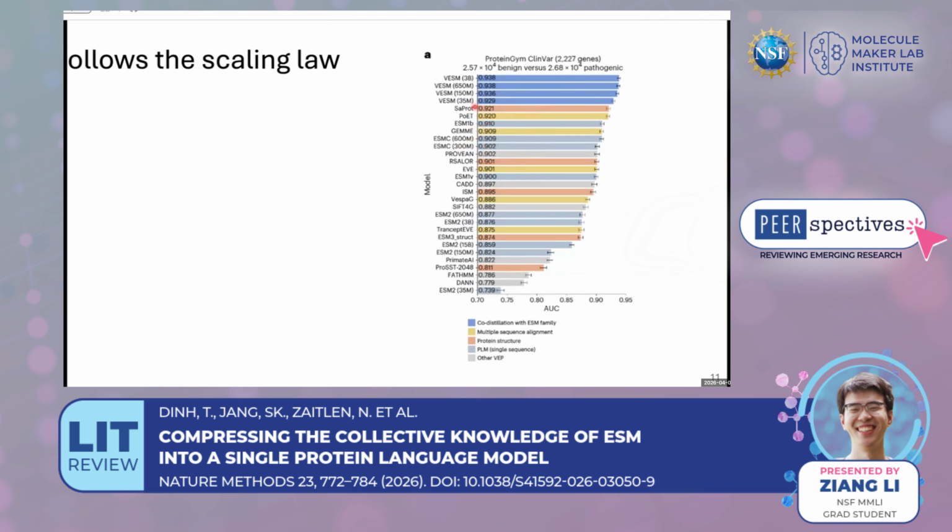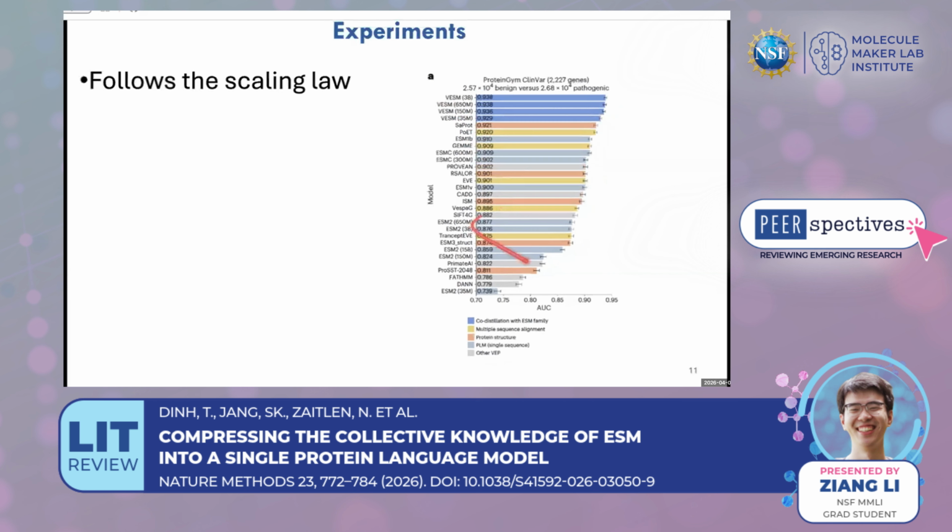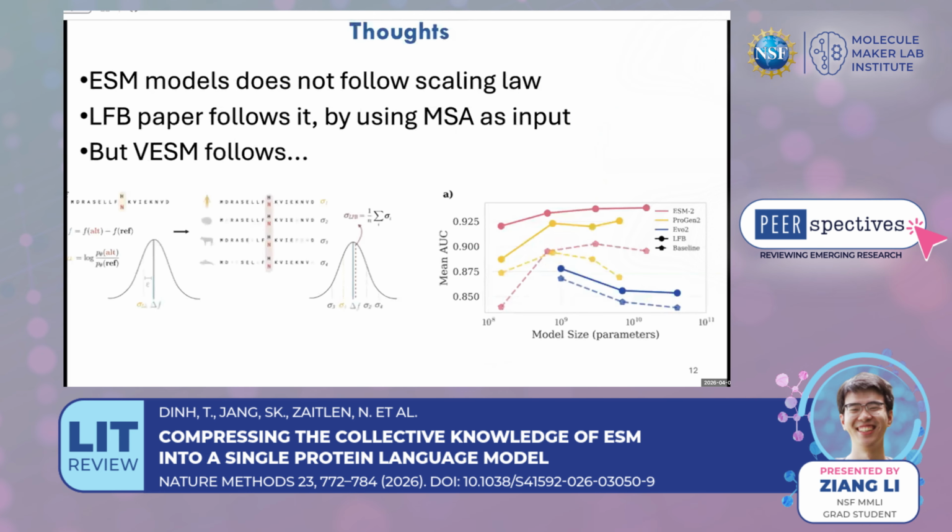And also, I have to mention that this model follows the scaling law. Because I feel like this is really interesting, because we know that in the protein gene dataset, the ESM models do not follow the scaling law. ESM 650 million performs the best on the protein gene.